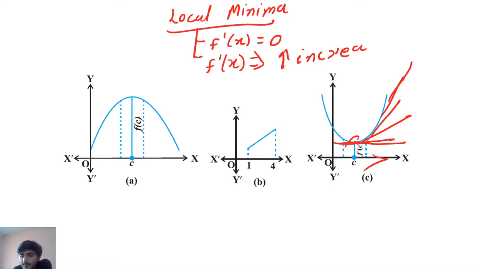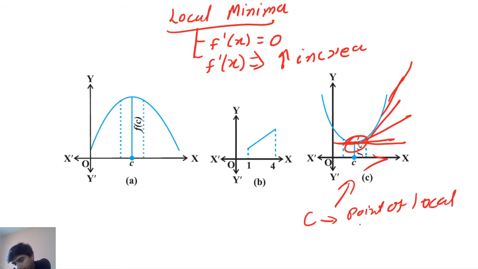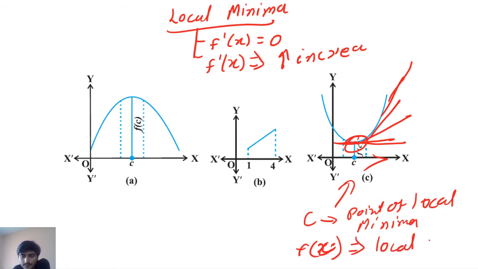So this point c is known as the point of local minima, and f of c is the local minima point, right? Is it clear or not, guys? If anyone is having doubt, please drop a comment and we can have a discussion on that. Okay, guys?